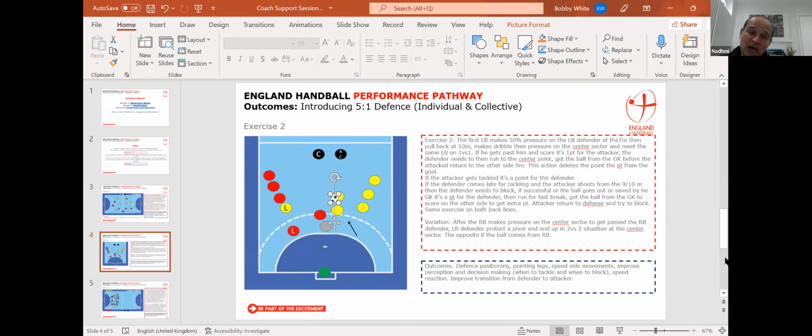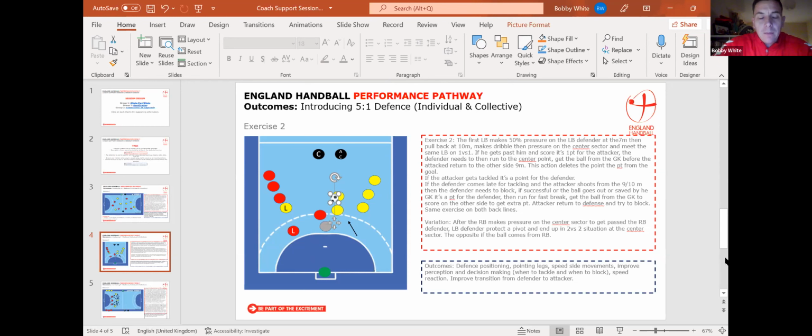If the attacker scores, then the defender should run and get the ball from the goalkeeper at the center, like playing the center after a goal, while the attacker should run back to the 9 meters. If he reaches the 9 meters, then there is no point. That is to encourage returning in defense.